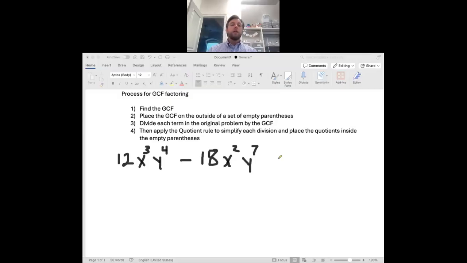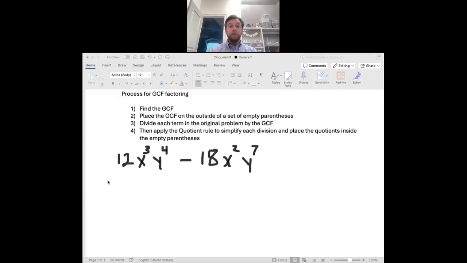Okay. So step 1, find the GCF of the two terms. When you're finding the GCF, you just focus on these parts. What's the GCF between 12x to the third y to the fourth and 18x squared y to the 7th?